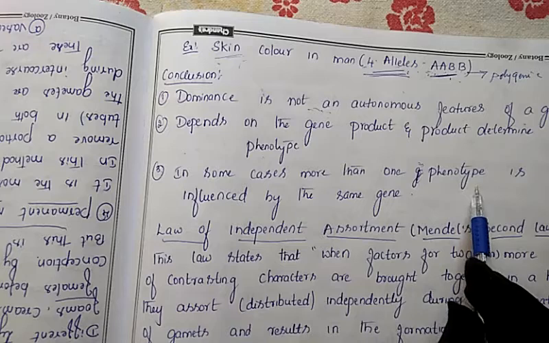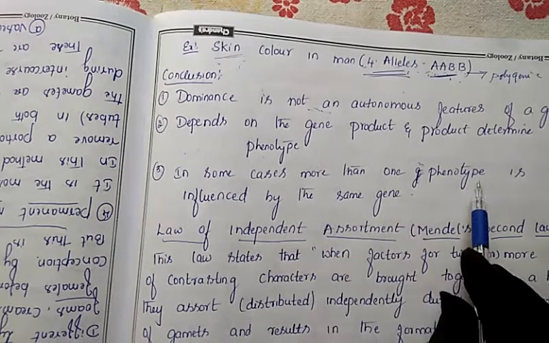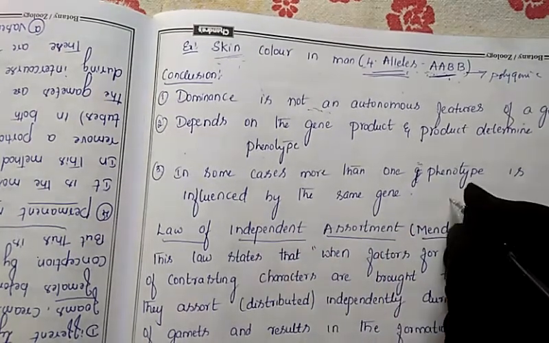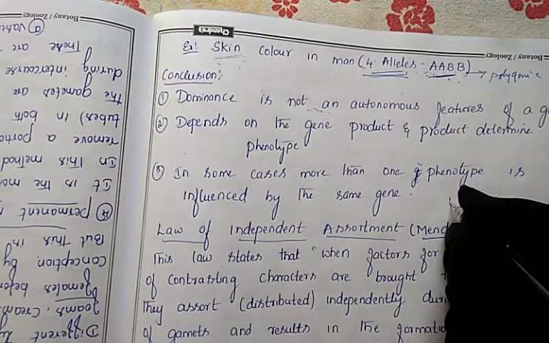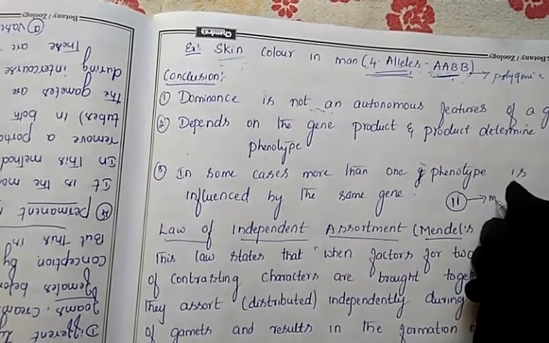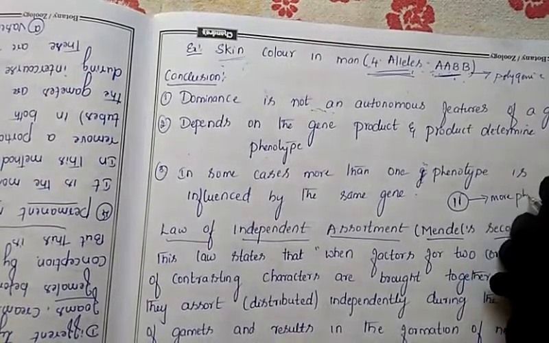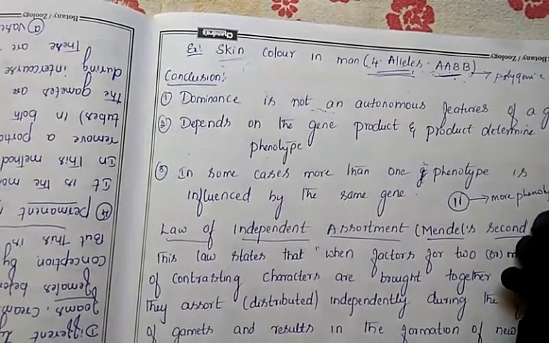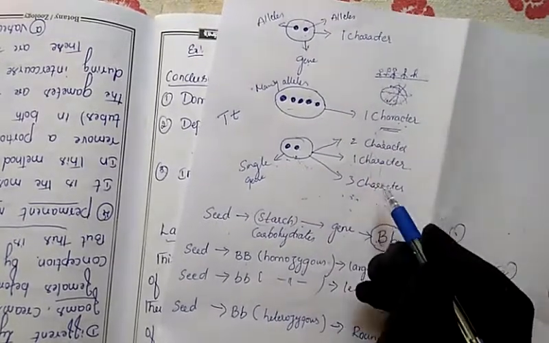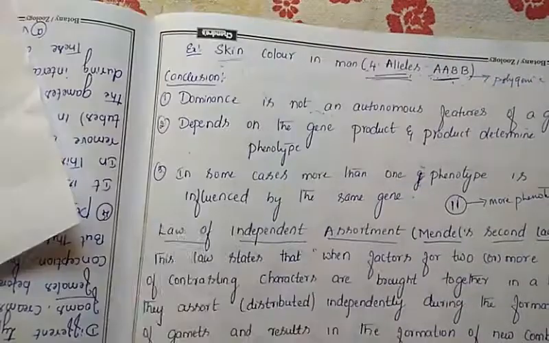In some cases more than one phenotype is influenced by the same gene. A single gene will influence more than one phenotypic character. As I said just now, a single gene is performing more phenotypic characters.